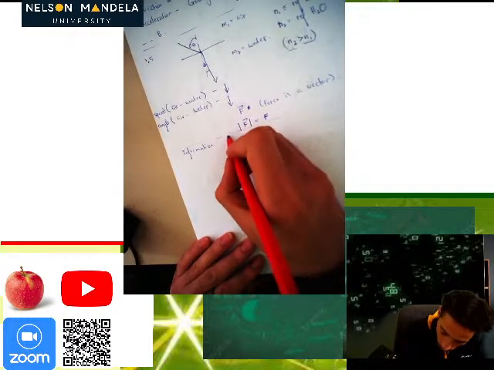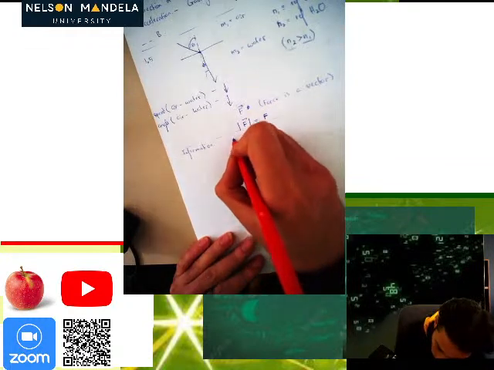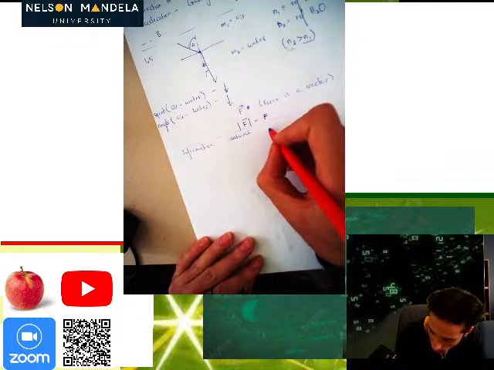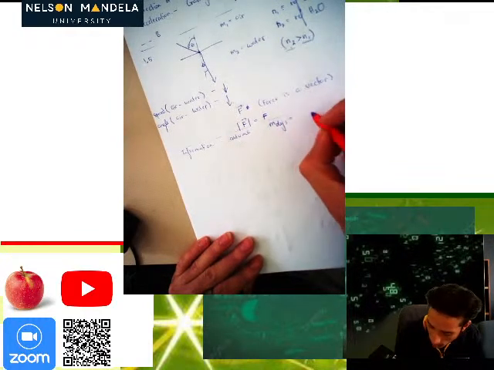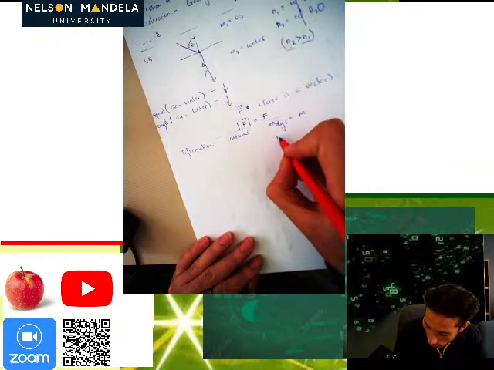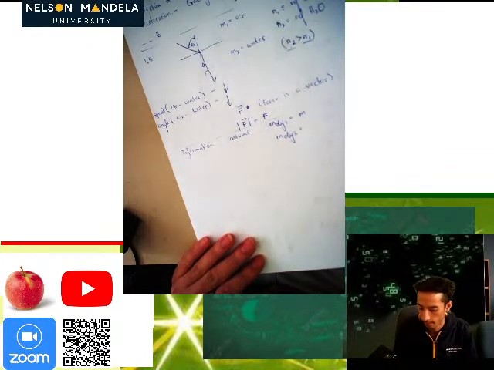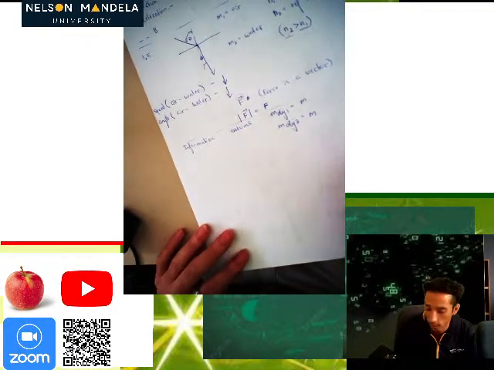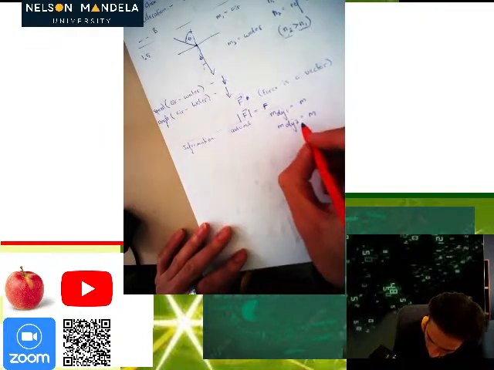Since they say two charged objects and haven't given us the mass, let us assume that the mass of object 1 is m and the mass of object 2 is the same as object 1, so their masses are equivalent.